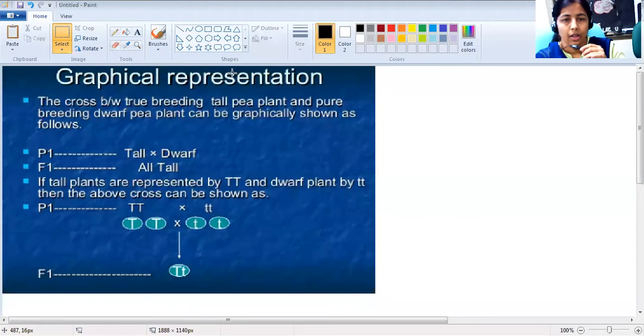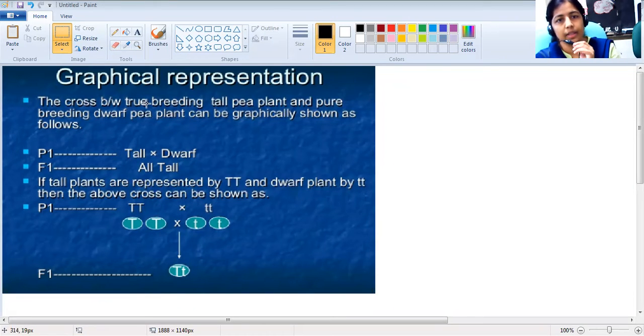Here you have to see the pure tall form, the hybrid tall, and the dwarf in the F2 generation. So let's look at the graphical representation of this.